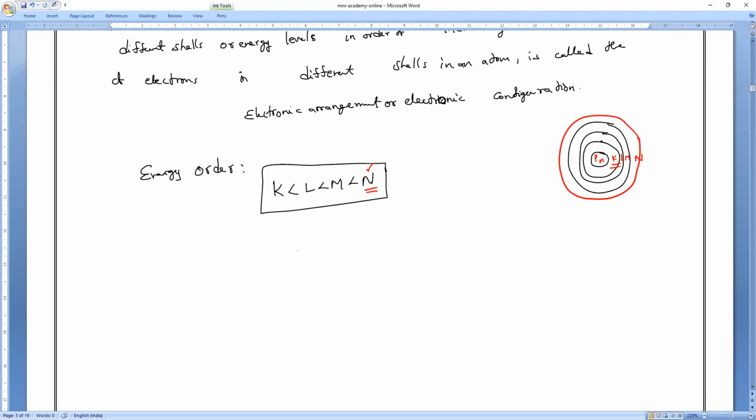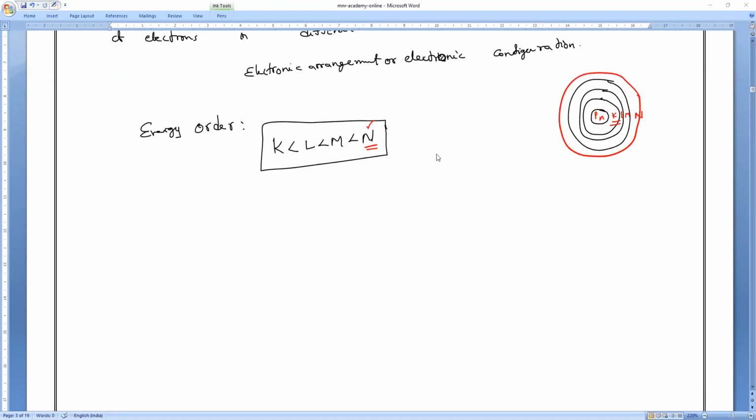And I have taught you the arrangement of number of electrons. There is a formula. What is the formula? 2n square. This is what we call the Bohr-Bury scheme.